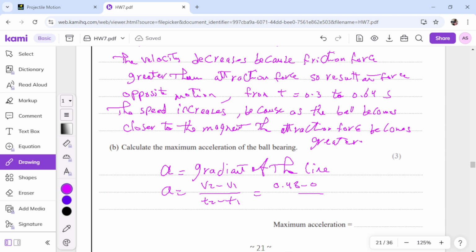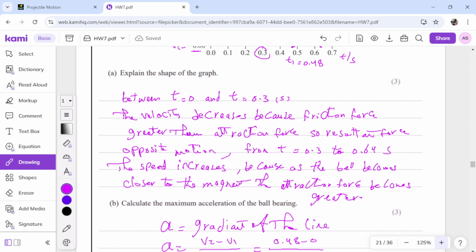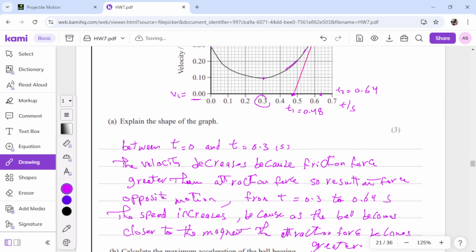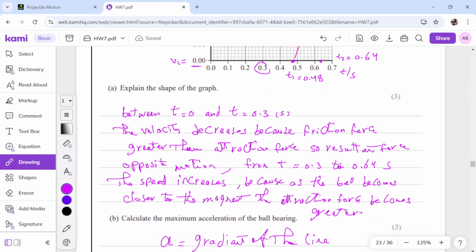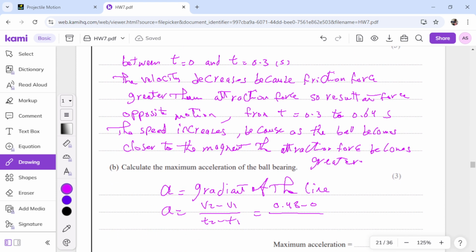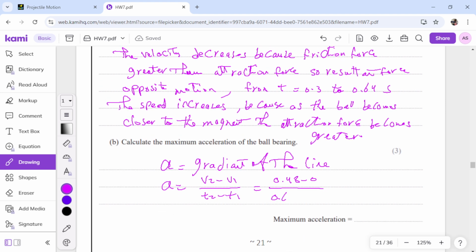So now we have to calculate 0.48 minus 0, V2 minus V1, over T2 minus T1. T2 is 0.64, so 0.64 minus 0.48. So it will equal 2.88, and the unit is meter second minus 2.